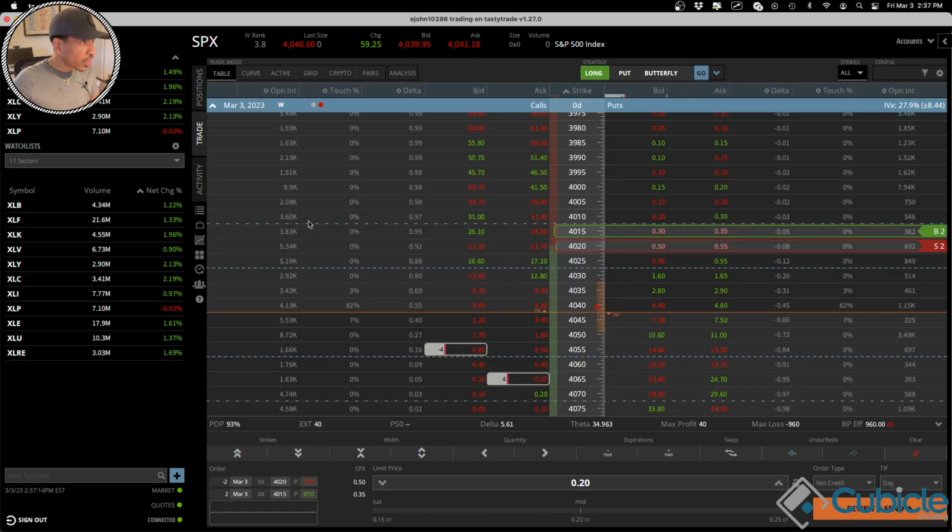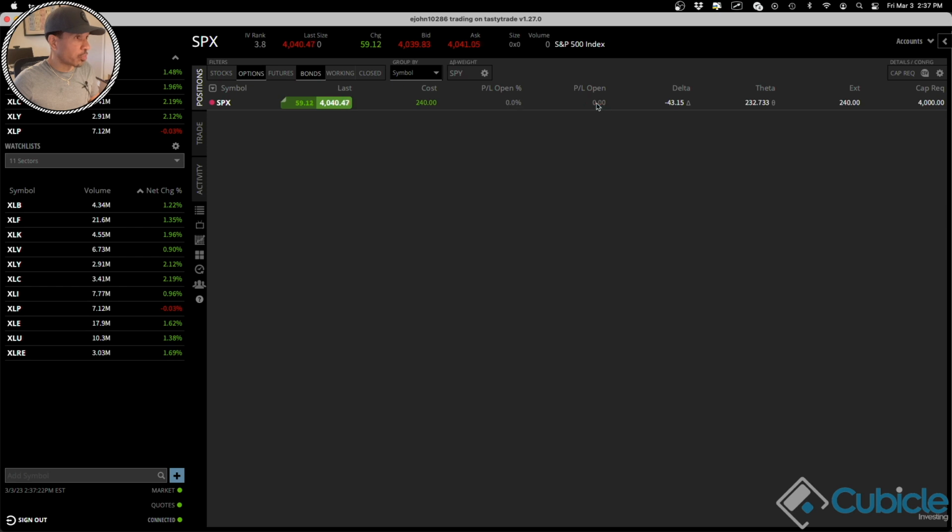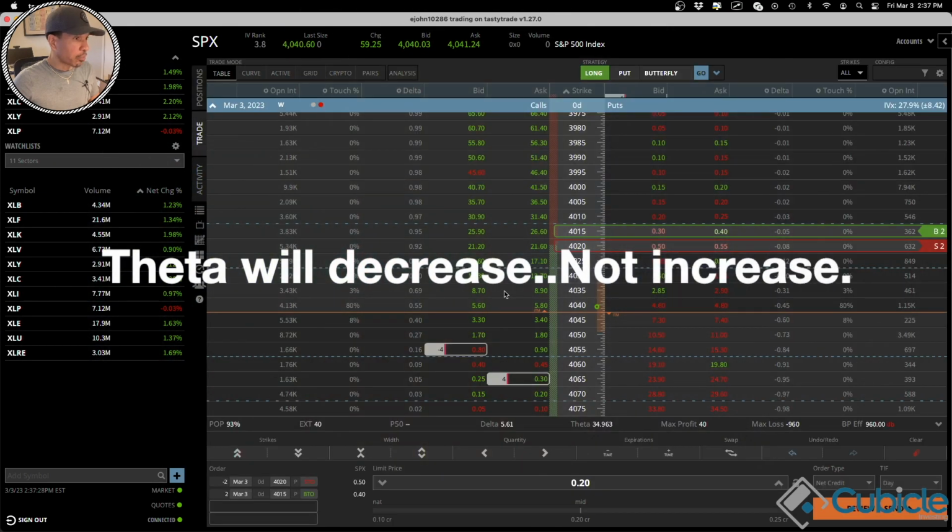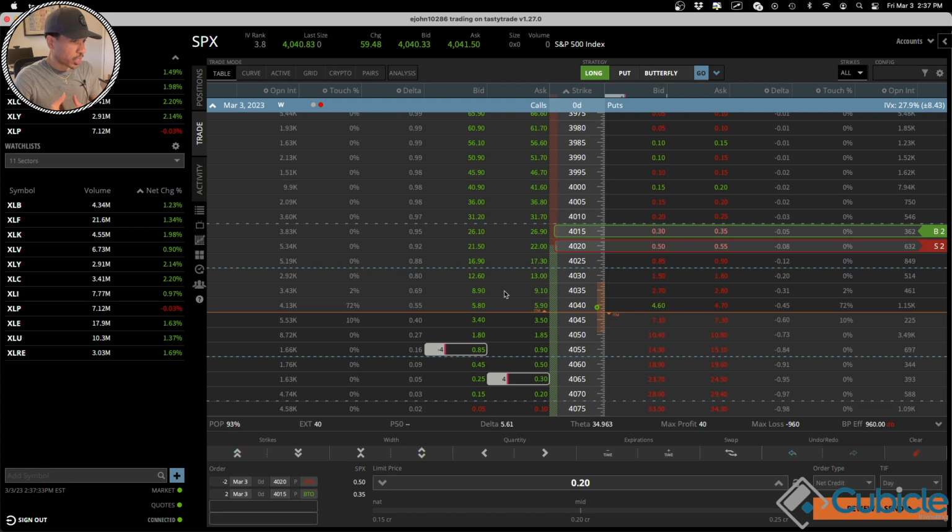Even as we get closer to 4 o'clock, closer to market close, the theta value is going to increase, meaning that there's going to be more value being contracted or lost from the position.